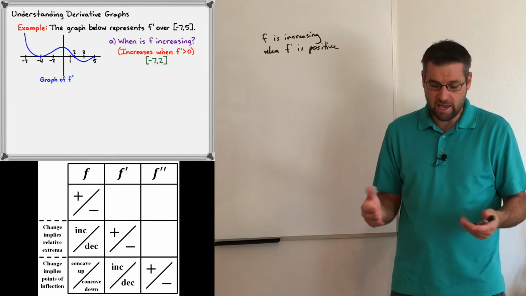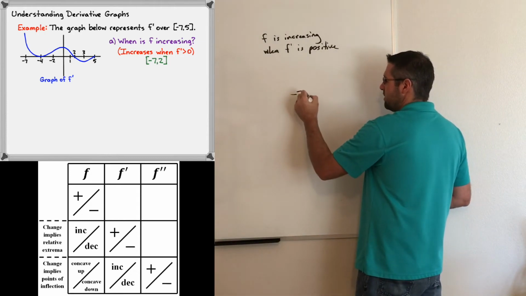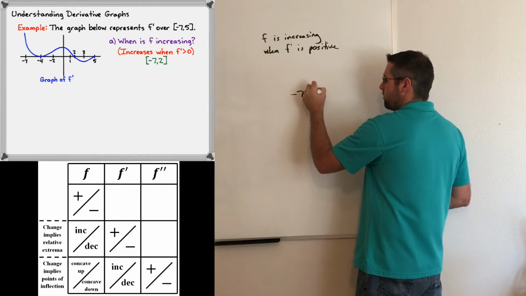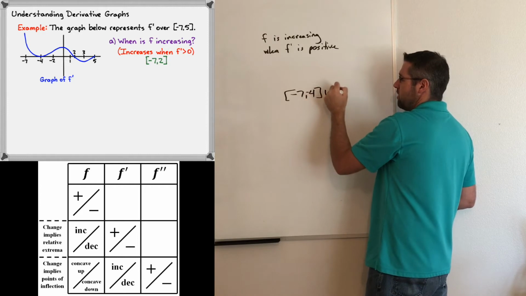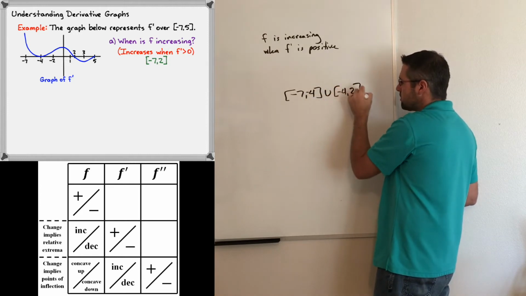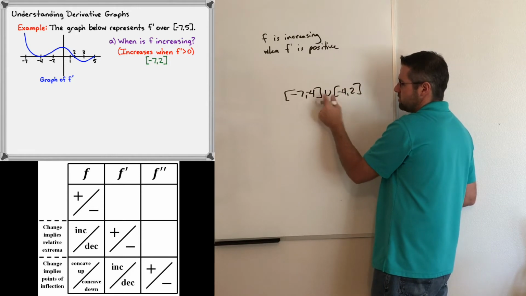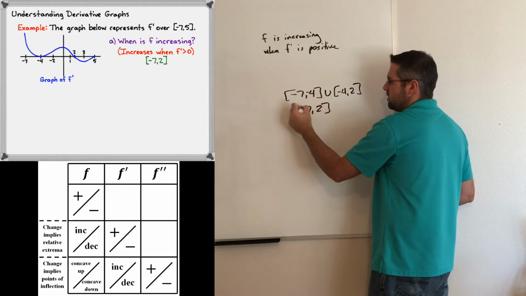And if we write a closed interval that looks something like this, -7 to -4 in the closed interval, and then we'd also say that f is increasing on the closed interval -4 to 2, well, because it's a closed interval, in a union, we can also just conclude that that is from -7 to 2 as a whole.